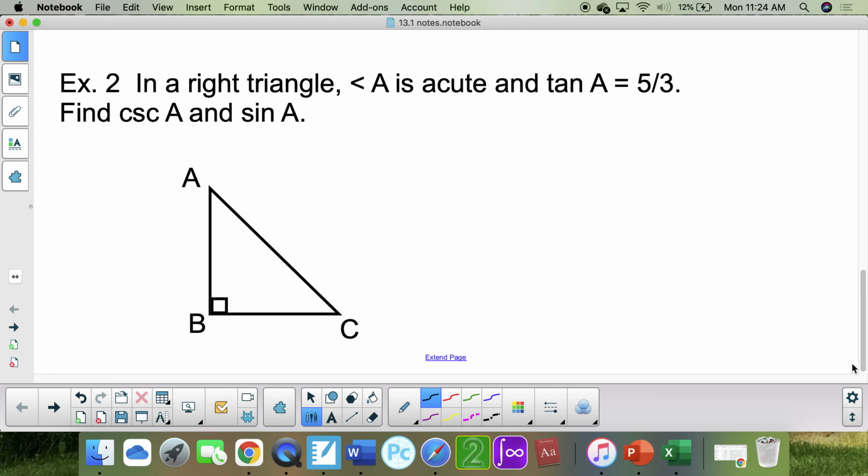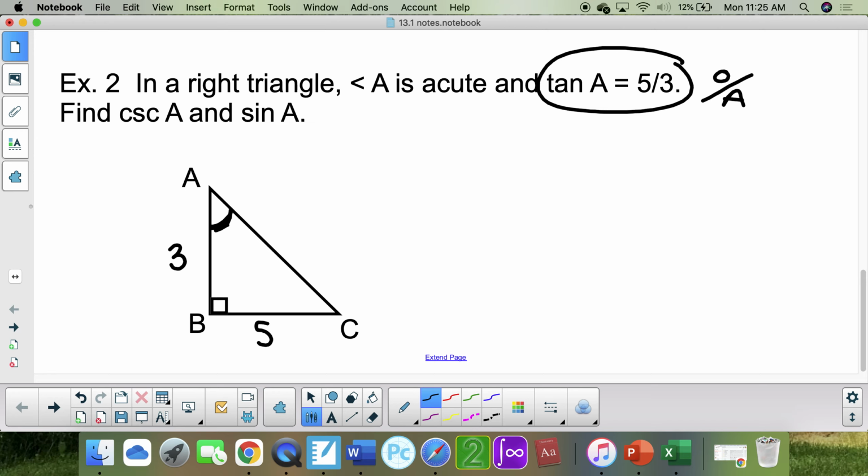Okay, the next one's a little bit more difficult. They tell you that the tangent is 3/5, or 5/3, sorry. Tangent of angle A. We're talking about this angle right here. We know the tangent is opposite over adjacent. So the opposite side of that angle is 5 and the adjacent side is 3.